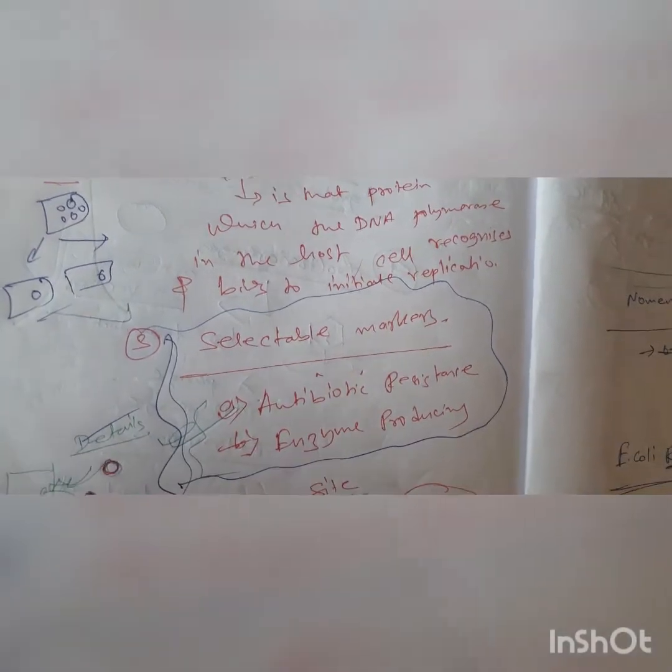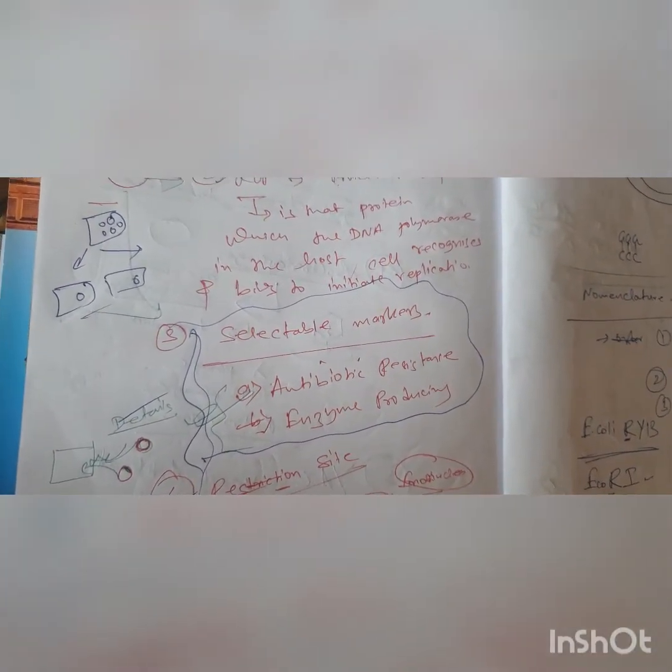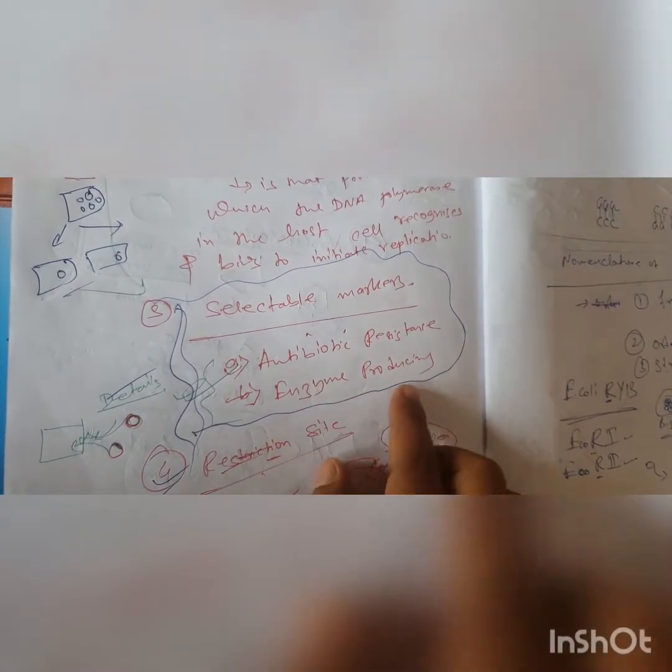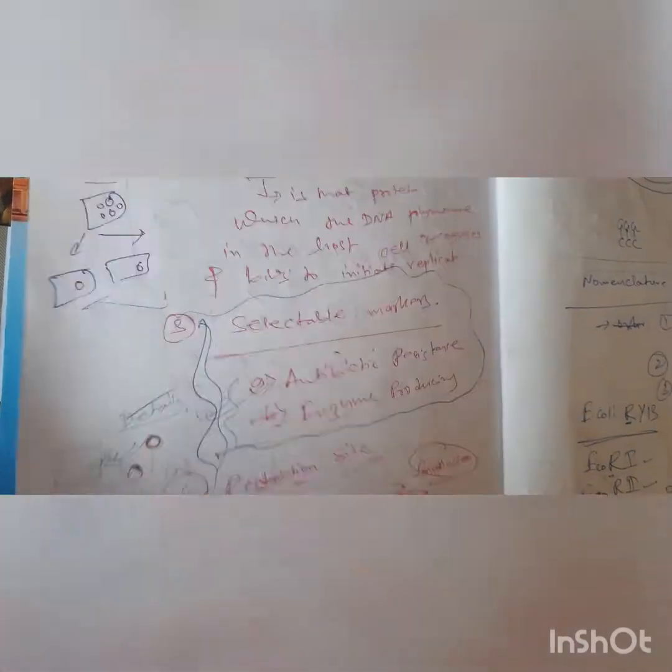Generally they are antibiotic resistance genes, and sometimes enzyme producing genes are also there. Why are antibiotic resistance genes present in the vectors which you use for transferring the gene into the host cell? We will try to understand that with the help of an example. Let us go and try to understand.